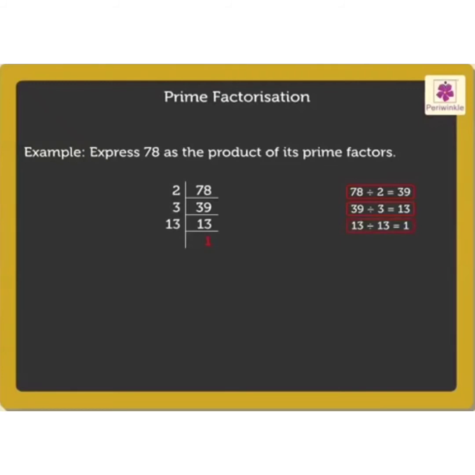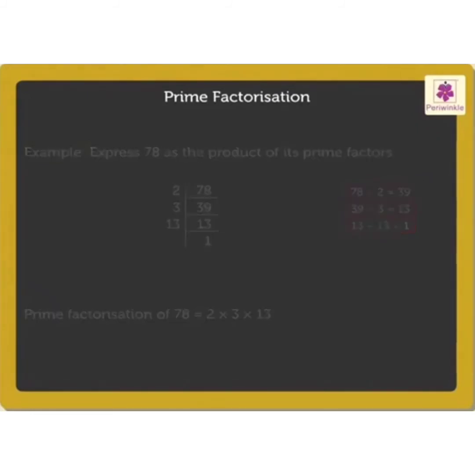So, dividing 13 by 13, we get 1. Now, we have 1 as a quotient. The prime factors of 78 are 2 into 3 into 13.